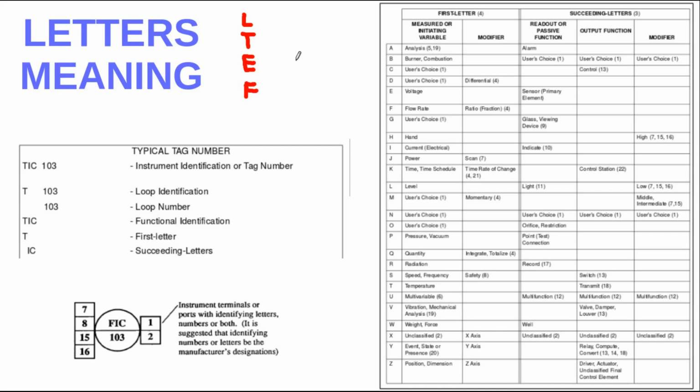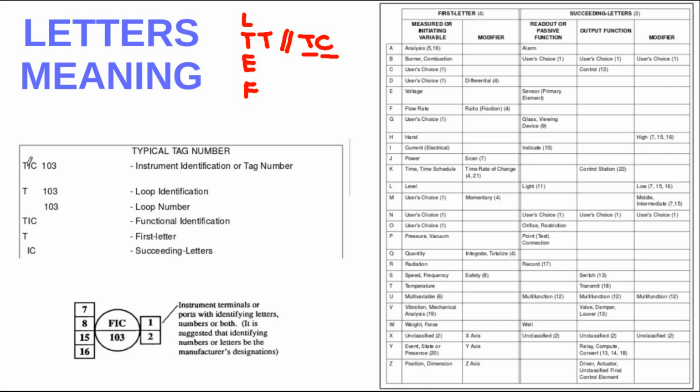So a transmitter that measures the temperature in a room, in a tank, whatever, will be defined as a TT, which is a temperature transmitter, and a controller that applies the controller action on the error about a measurement of the temperature of a tank or in a room will be a TC, which is a temperature controller.